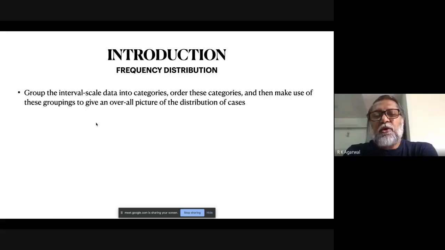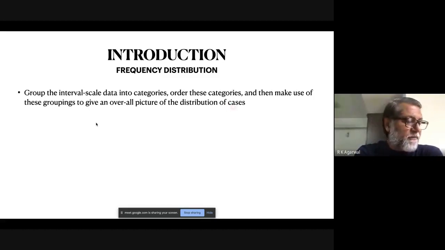We then order these classes in ascending or descending order, and then we use these categories and the frequencies of different categories to get an overall picture of the distribution of cases.